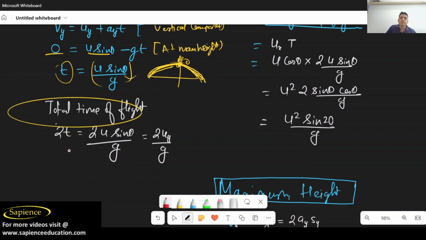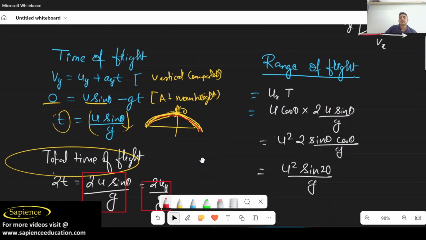So 2t will be 2u sin theta by g, that is 2uy by g. Hence the time of flight T is 2u sin theta by g. Time of flight is the total time taken in the entire journey of the projectile motion. I hope you have understood.